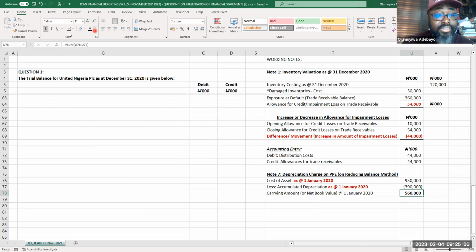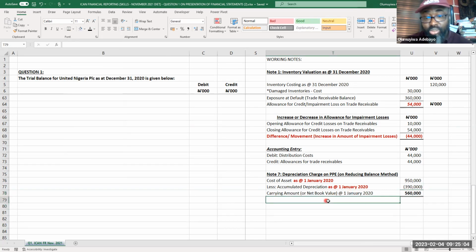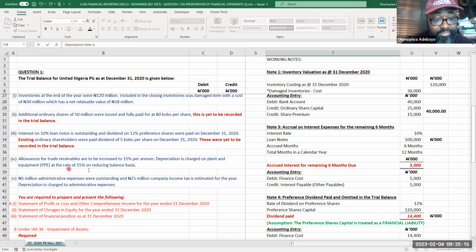Now, if that is the case, what do we do? Our depreciation rate is set to be 15%.